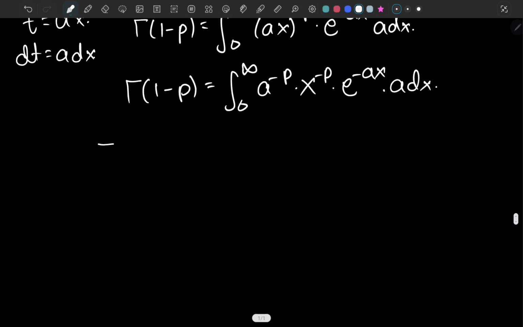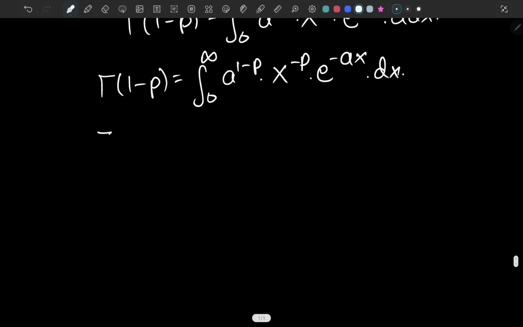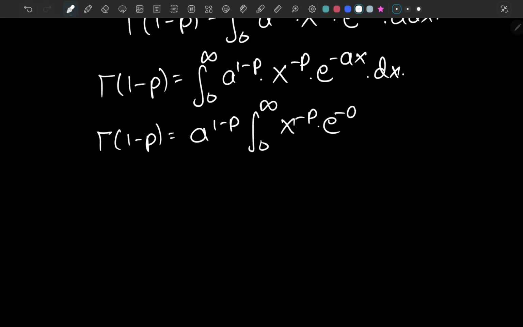Since p and a are constants with respect to x, that's gamma of 1 minus p equals a to the 1 minus p times the integral from 0 to infinity of x to the minus p e to the minus ax dx.